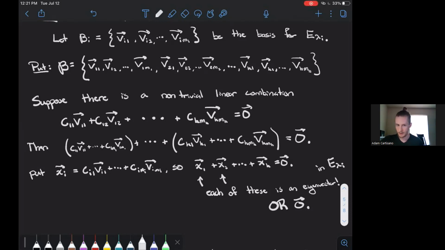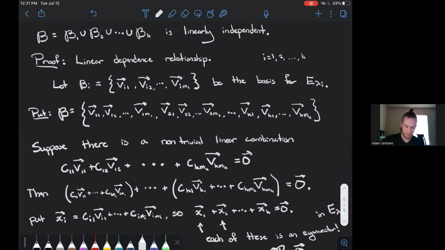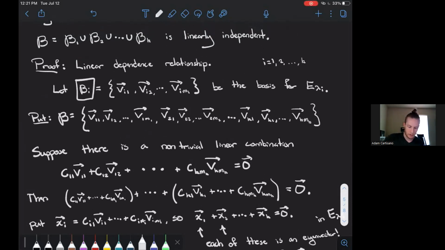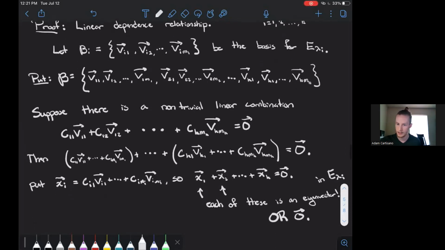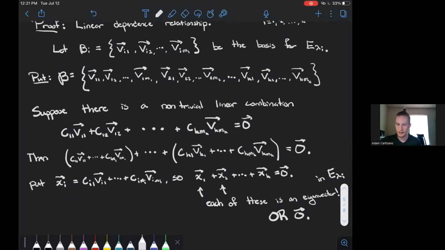However, every single basis for an eigenspace, so each bi, since it's a basis, it's a linearly independent set. And so the only way to make the zero vector out of a linearly independent set is with the trivial linear combination.